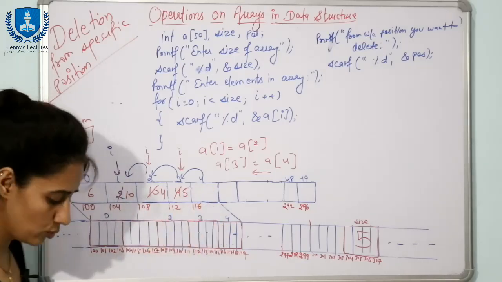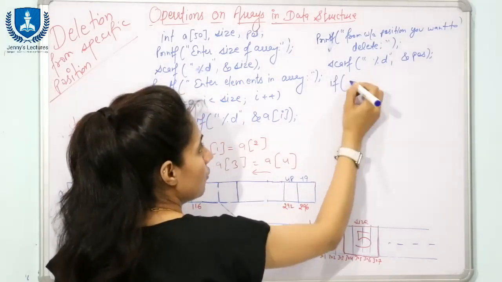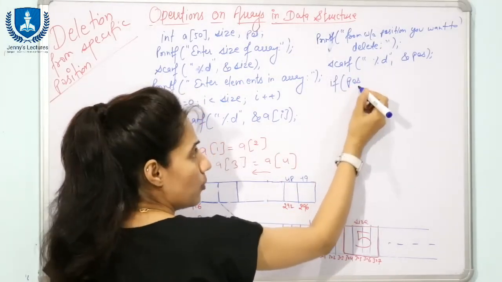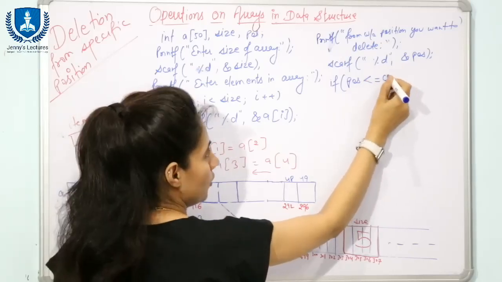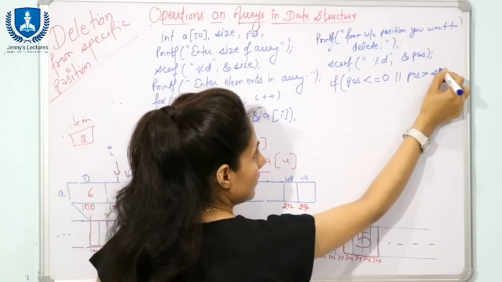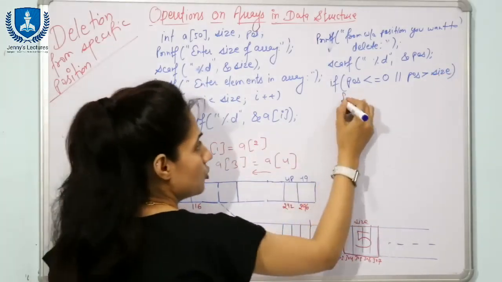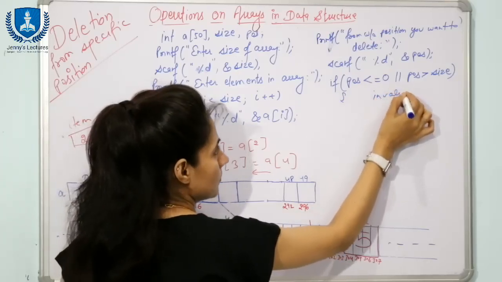So you will also write an if statement to check the validity of this position. If position is less than or equal to 0 or position is greater than size, right, then you will print invalid position.